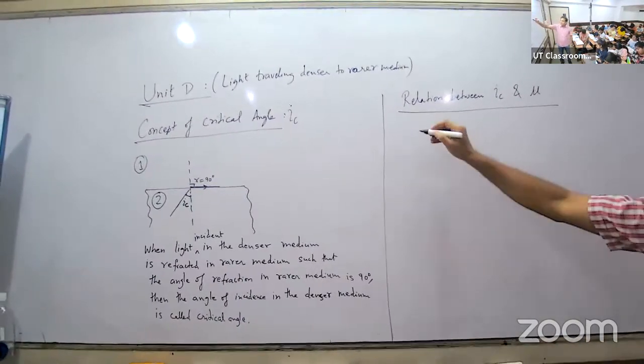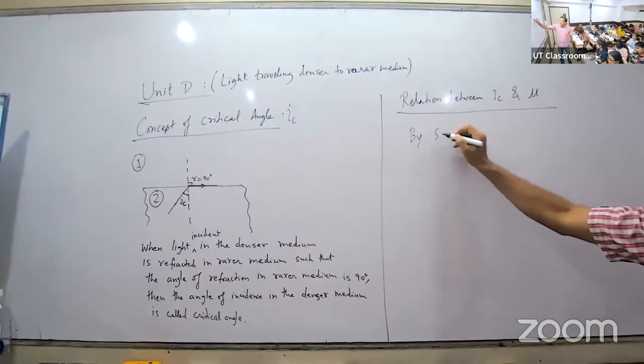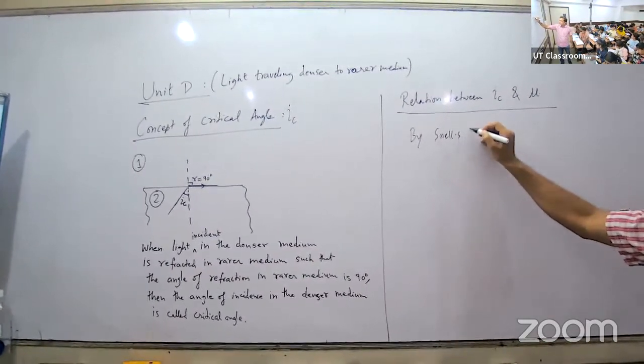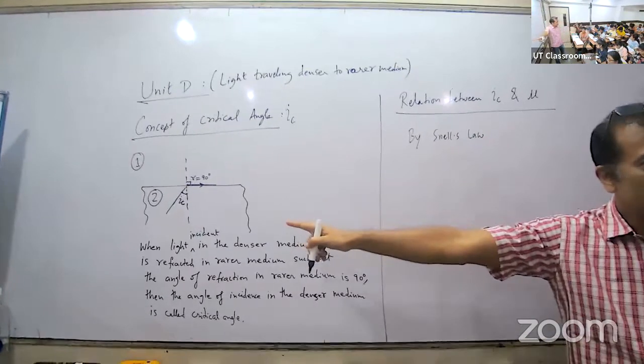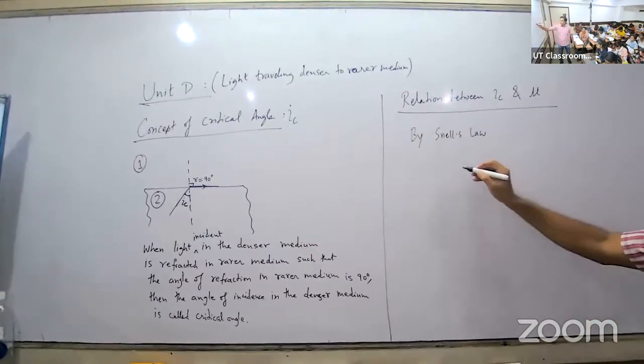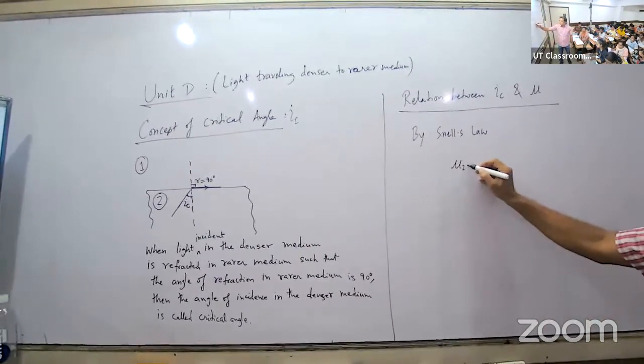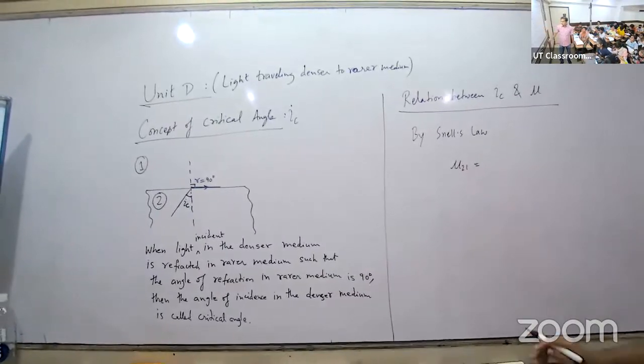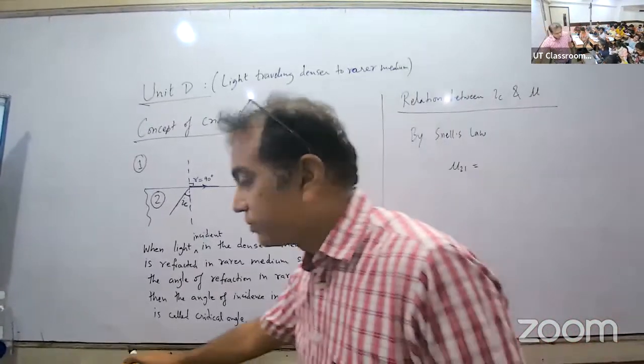Let's find the relation. So by Snell's law, consider this diagram. By Snell's law, what is mu21? Is it mu21 or mu12?